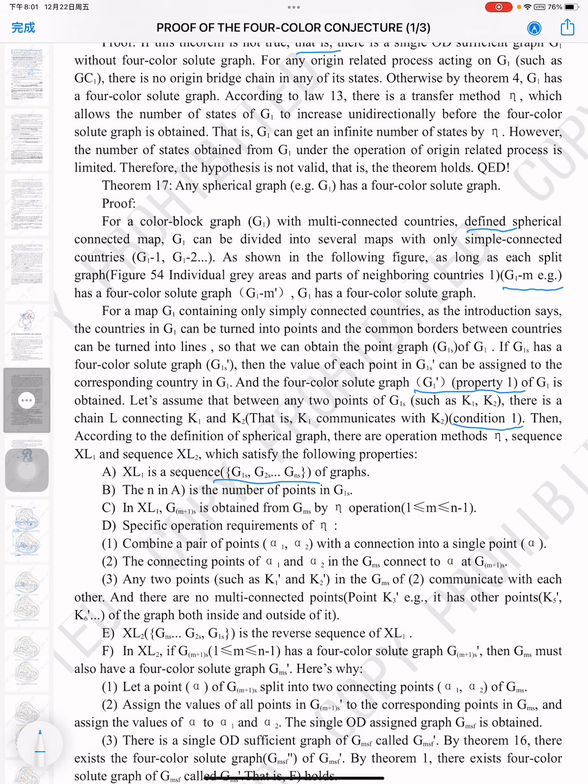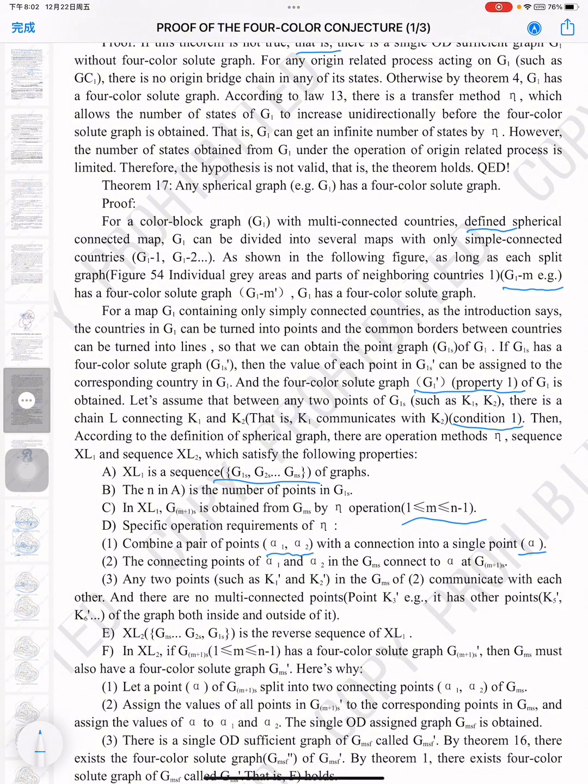C. In XL1, Gm at 1s is obtained from GMS by eta operation. D. Specific operation requirements of eta. 1. Combine a pair of points alpha 1, alpha 2 with a connection into a single point alpha. 2. The connecting points of alpha 1 and alpha 2 in the GMS connect to alpha at Gm at 1s. 3.